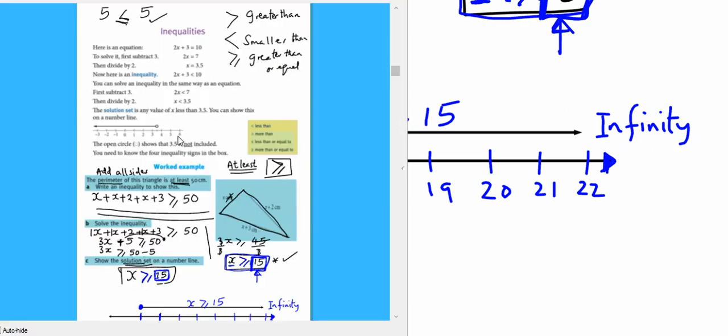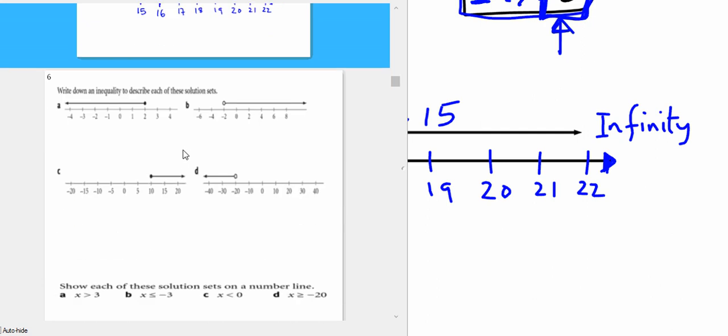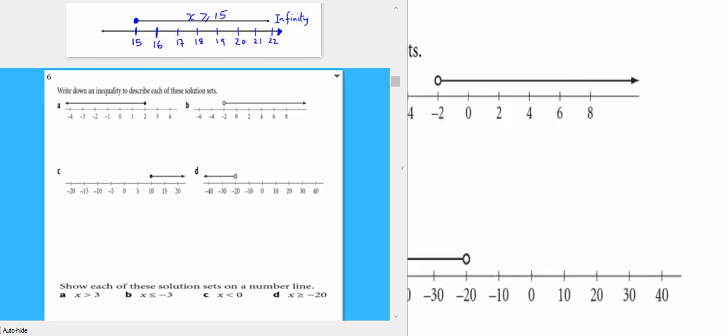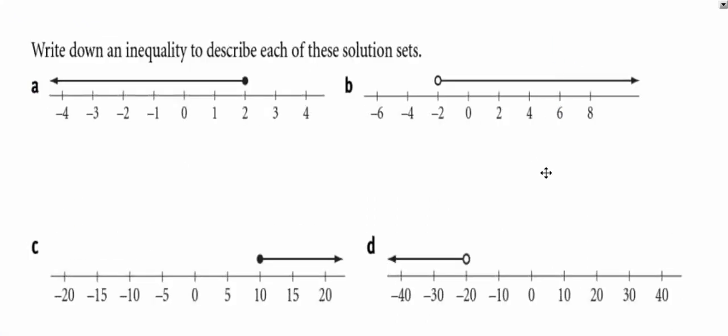Let us go to the next question here. Write down an inequality to describe each of these solution sets. Okay. Now, here we are given the number line. On this number line, we are given a closed circle.